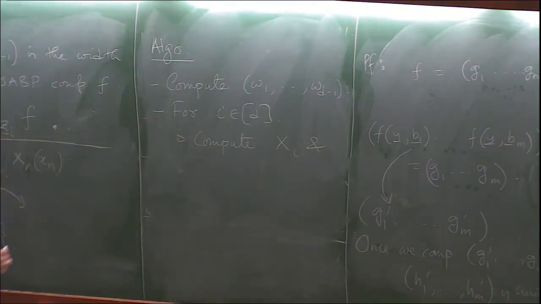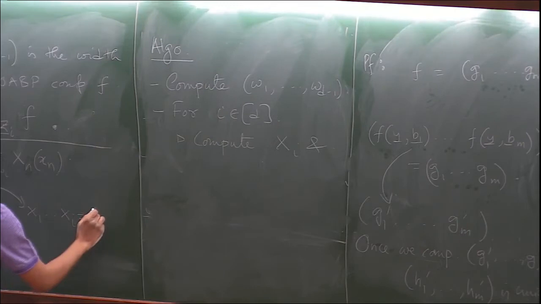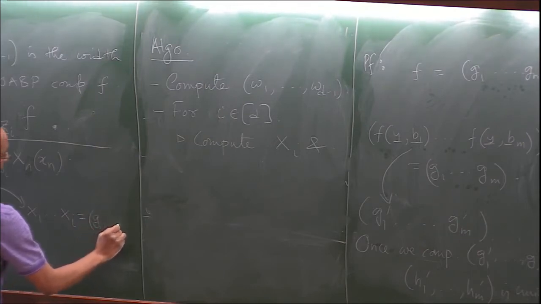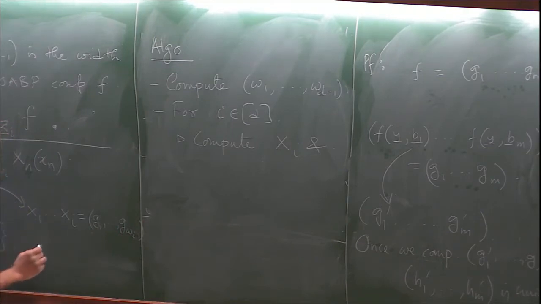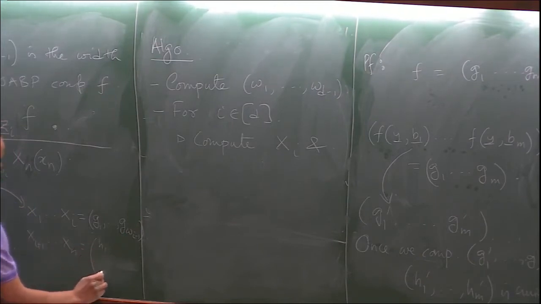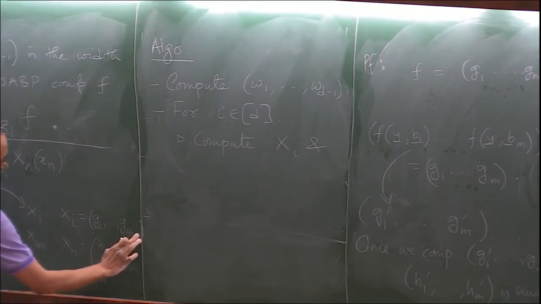Let me use this notation: x_1 through x_i, let me call this a row vector, g_1 through g_i, and the remaining is a column vector h_1 through h_i.